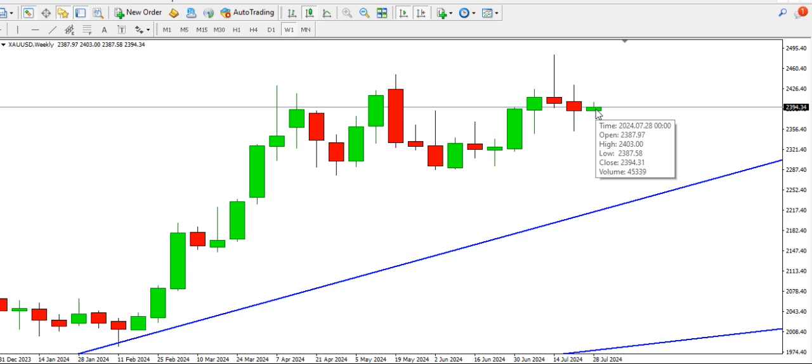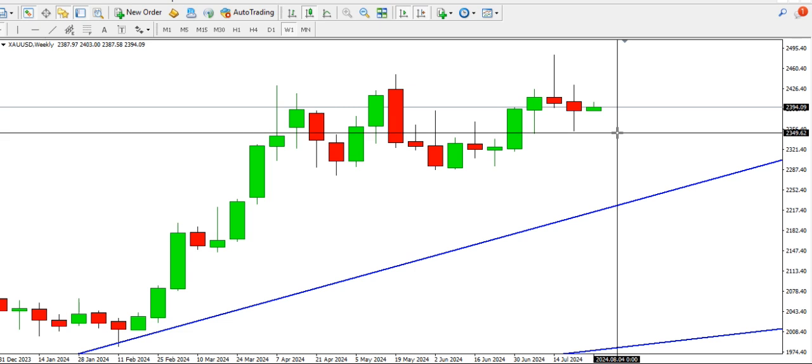We might see price dropping to the recent weekly lows, which is around 2351 or 50 level.